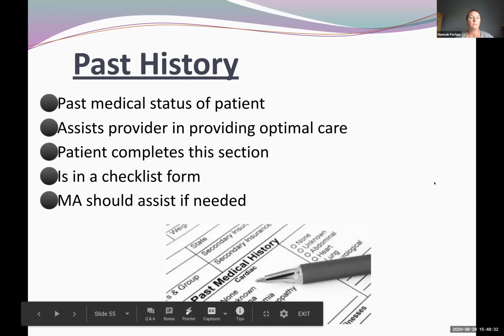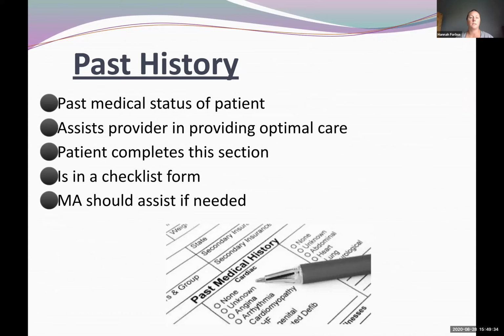Past history. This is the past medical status of the patient and past diagnosis. This assists the provider in providing optimal care. Typically, the patient completes this section, and it's usually in a checklist form, and the medical assistant can definitely assist if needed. Sometimes patients don't know exactly what medical diagnostic terms mean, and you need to put it in layman's terms for them.